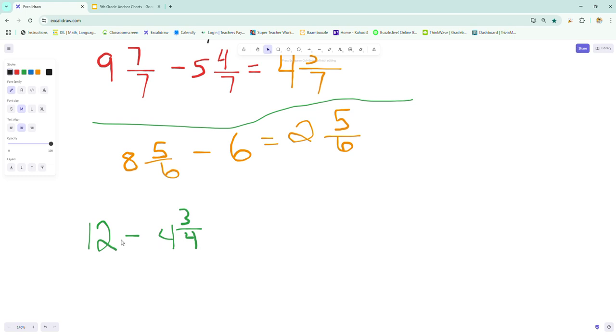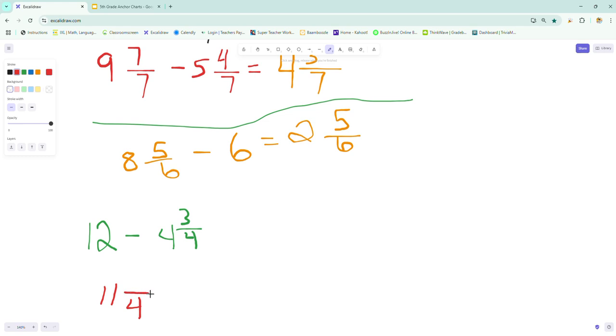Okay, so the first thing we want to do is go ahead and borrow from our whole number. So instead of this being 12, we're going to subtract 1 from 12. 12 minus 1 is 11. And then our denominator here is 4, so we're going to put 4 in the place of our denominator.